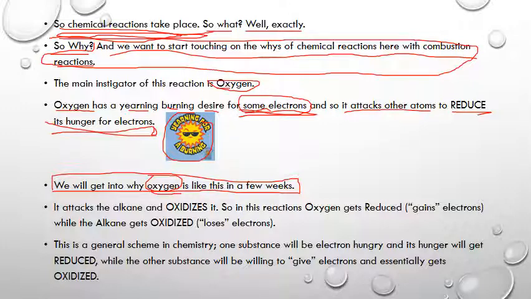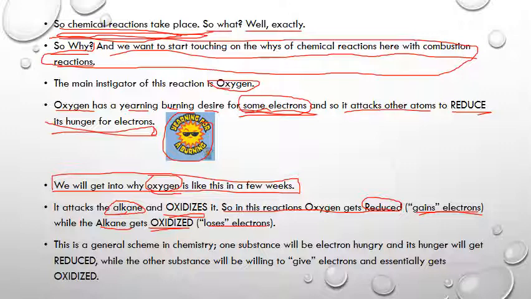So what happens is oxygen attacks the alkane, and you could say it oxidizes it because it attacks it. Oxygen gets it, and so in this reaction, oxygen gets reduced. Its hunger gets reduced, and it does that by gaining electrons. It gets fed, while the alkane gets attacked by oxygen, and that means it's lost electrons.